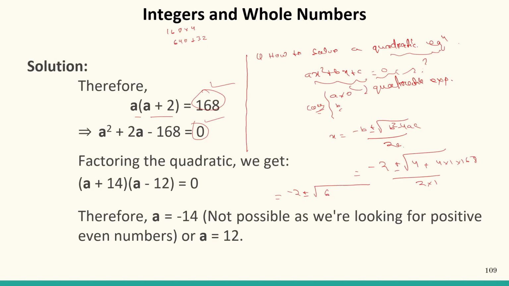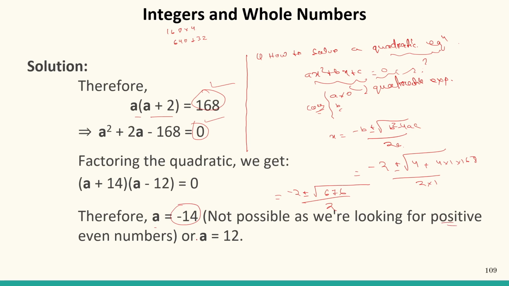So it will be root 676, whole divided by 2. So these are the 2 roots: one root will be minus 14 and one root will be 12. Okay, so a is equal to minus 14 is not possible, because we are looking for what?